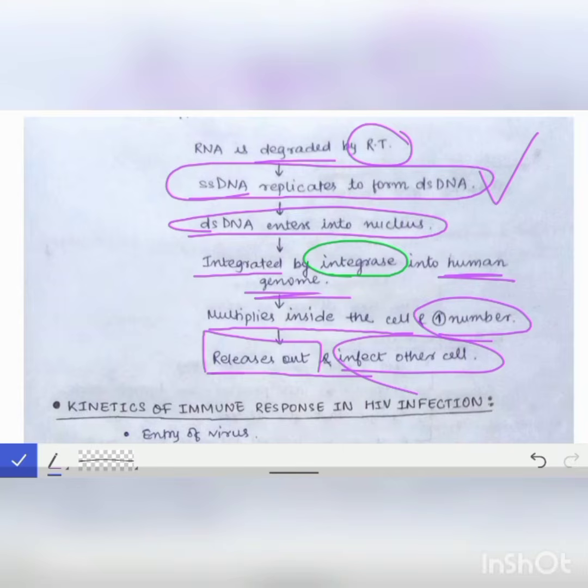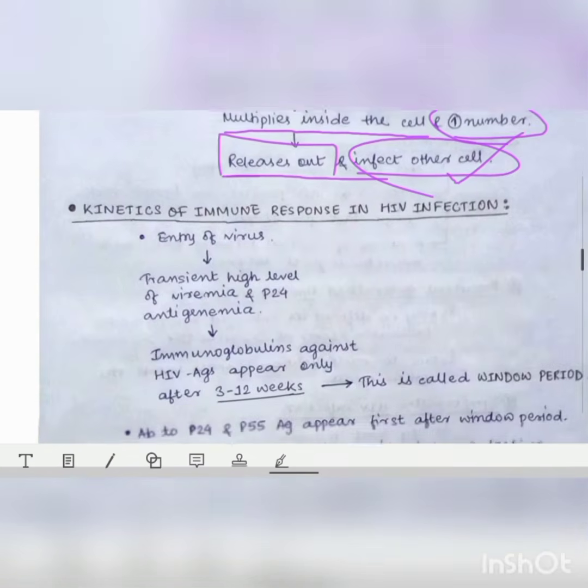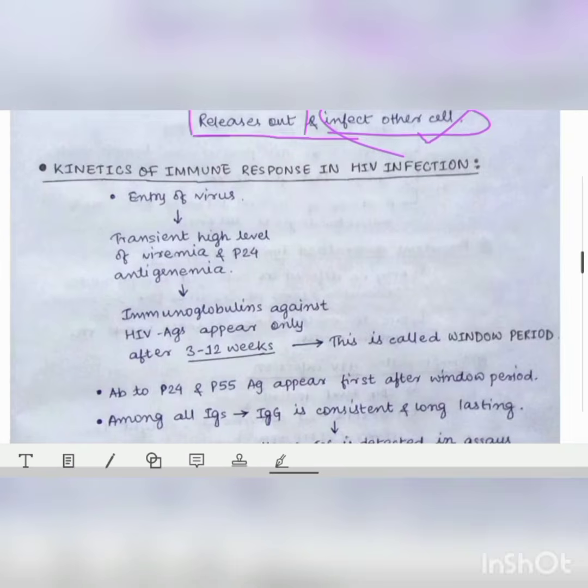Once these viruses are released by the process of budding, they infect other immune cells, thereby over time the immune cell number decreases. So this is all about the pathogenesis of the HIV virus.